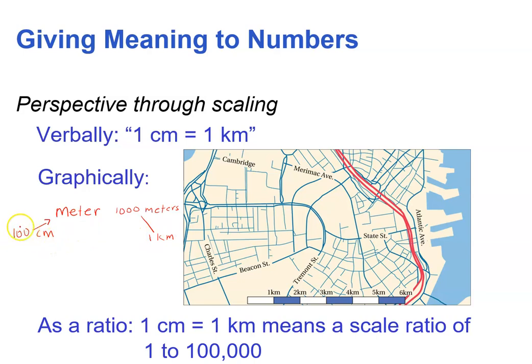So we've got 2 decimal places here, right? We've got 2 zeros to get to meters, and then to get back to kilometers, we've got 3 zeros. So that's how they're coming up with these 2 zeros and these 3 zeros, 100,000 right here.